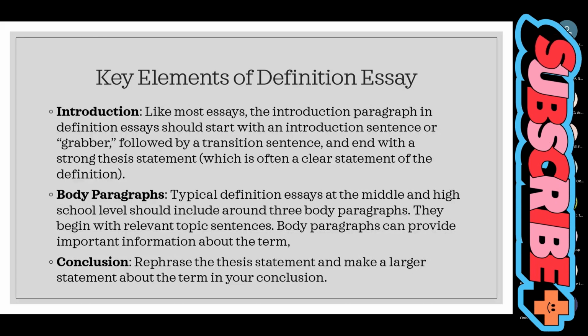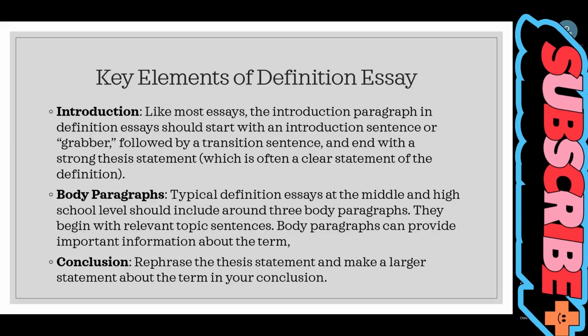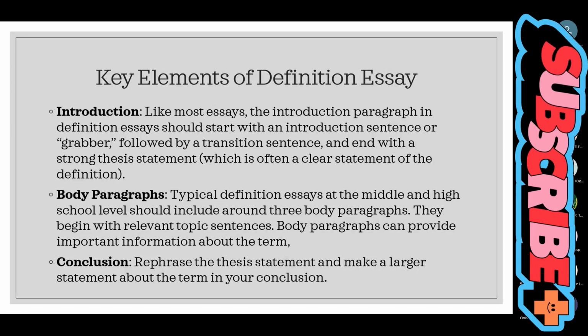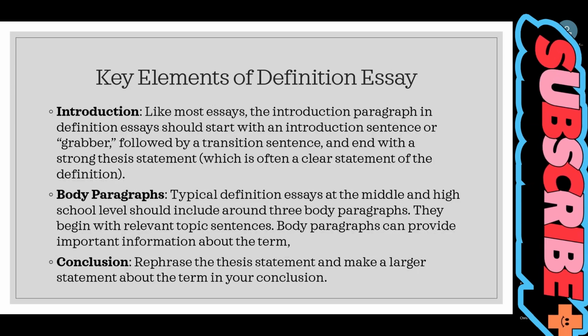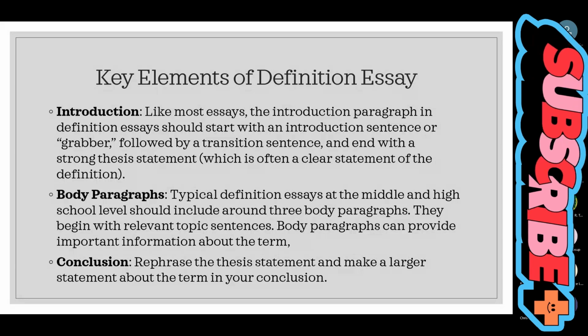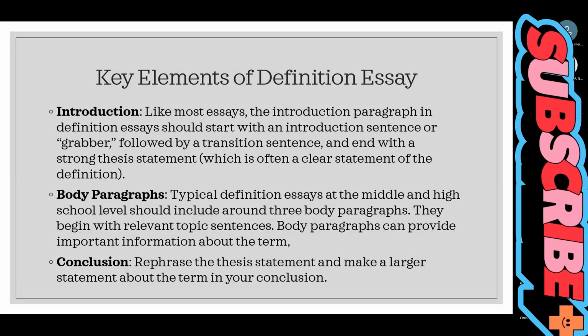So you may write, my father is an adventurer. He does skydiving once a year. He goes kayaking thrice a year. And every week he goes hiking. Those three sentences that I mentioned are the supporting details of that topic sentence, my father is an adventurer. So that's how you make a paragraph.